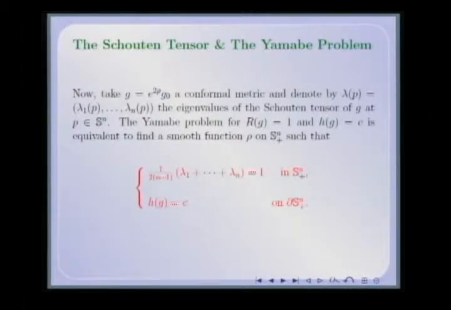Then we want to find a positive solution to this problem, where the sum of the eigenvalues of the new conformal metric is 1, and the mean curvature of the boundary is constant. That is, the trace of the Schouten tensor is 1, and the mean curvature of the new conformal metric is constant.